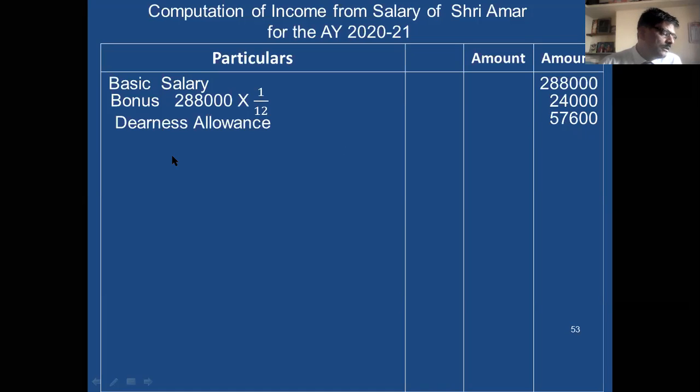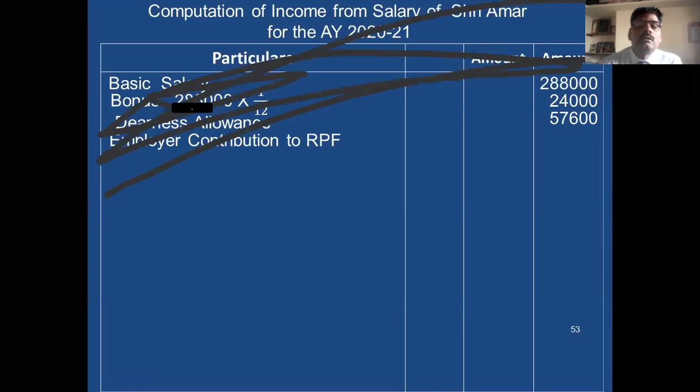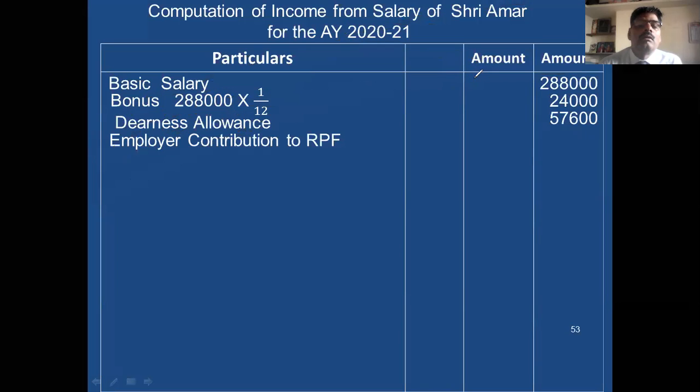Then the fourth point is employer contribution to RPF, which is 40,320.